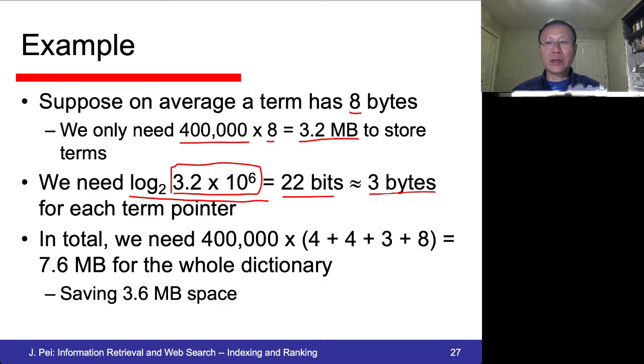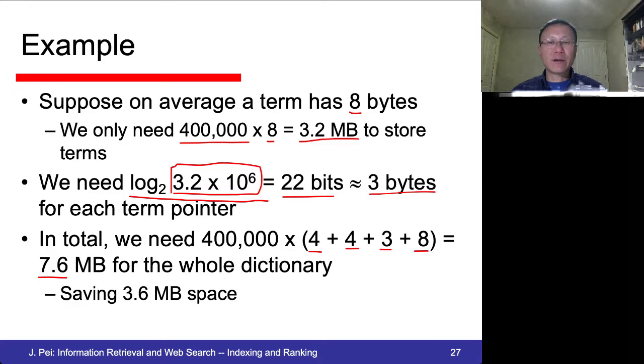In total, we need 400,000 entries. Each entry is 4 plus 4 plus 3 plus 8, which is 19 bytes. And the total will be 7.6 megabytes for the whole dictionary.